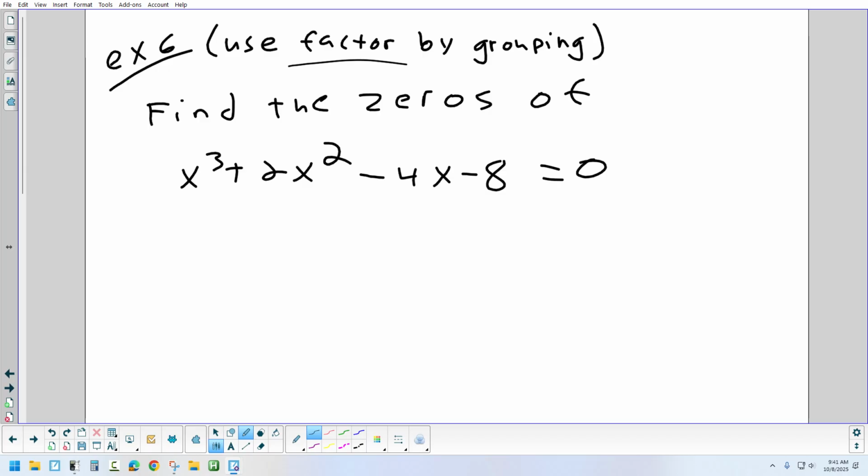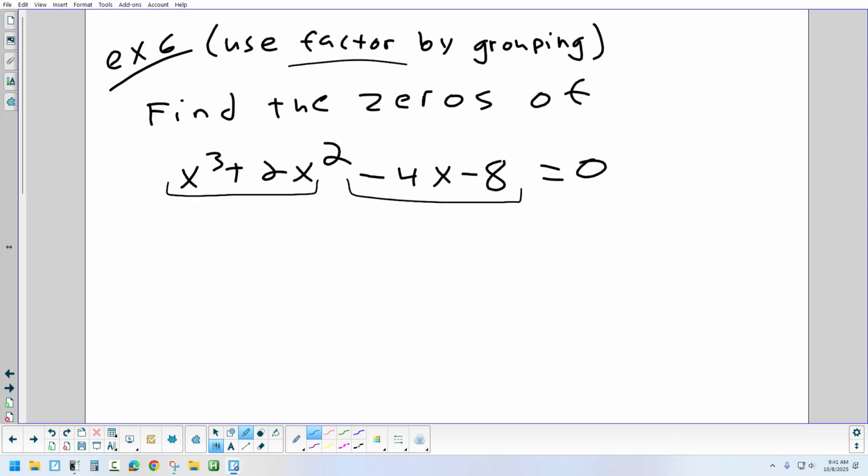And what's going to work out nice here is it's going to factor by what's called grouping. When you factor by grouping, you look at the first two, and then you look at the last two, and you pull what you can out of each one of them separately. Looking at the first two terms, x cubed plus 2x squared, what do they both have in common that we could factor out?